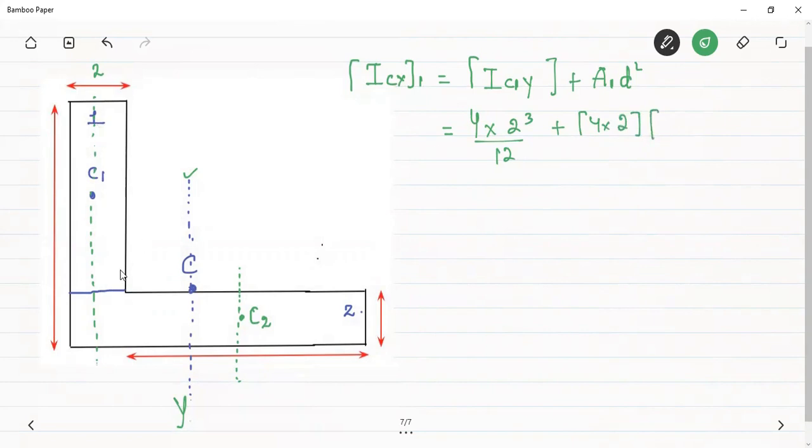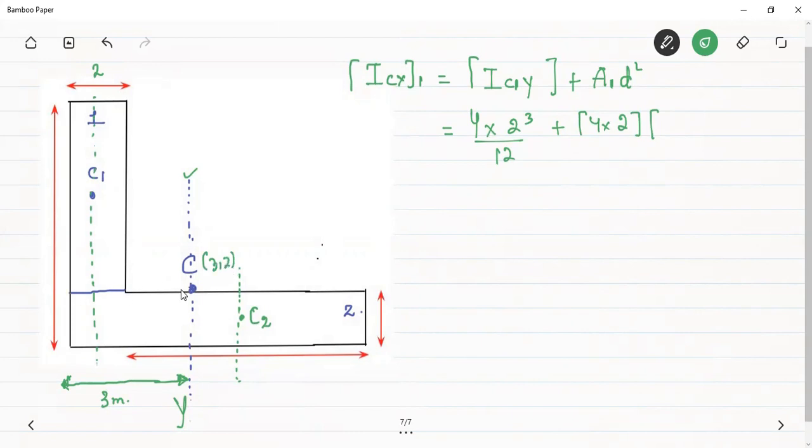Now see here the distance between these two axes. We have found the x coordinate of the centroid, which was equal to 3. That is, this distance is equal to 3 meters, and the centroid is at 3 comma 2.